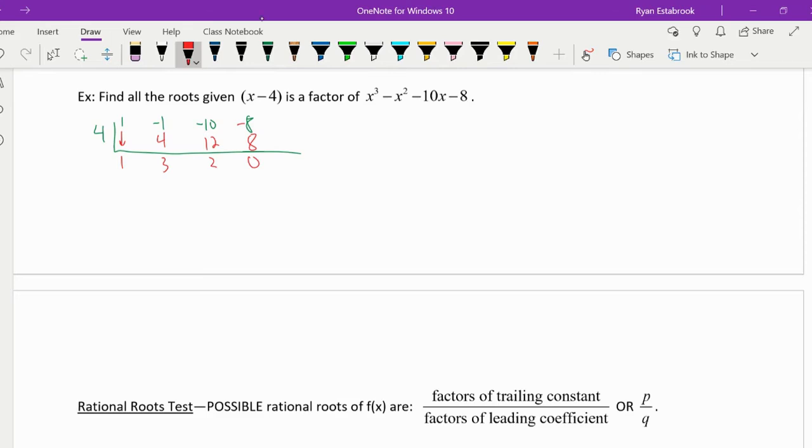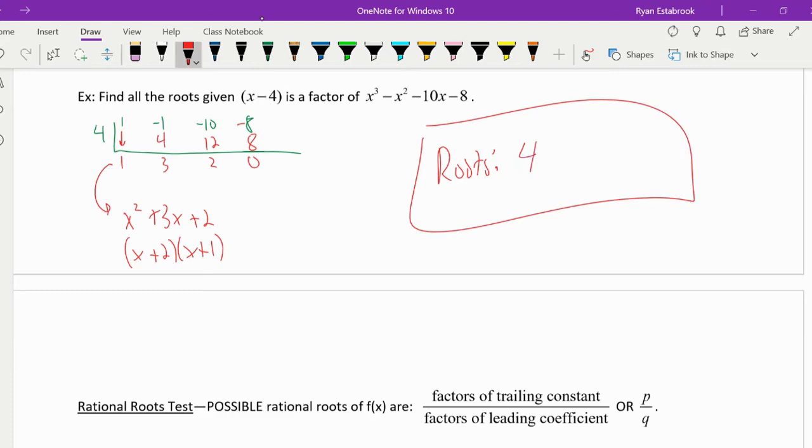What was originally a cubic is now simplified down. This tells us that we have x squared plus 3x plus 2 with a remainder of 0. I don't know how to factor the original one, but I can factor this. The two numbers that multiply to 2 and add to 3 would be 2 and 1. So now all of the roots.